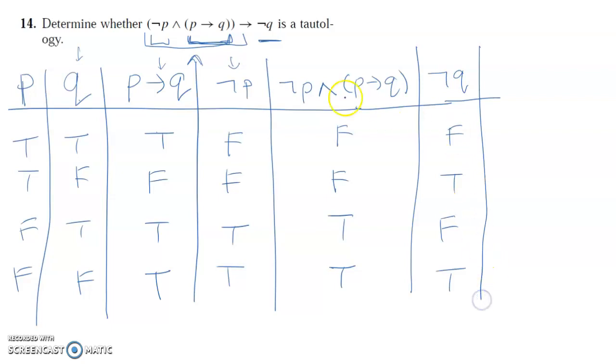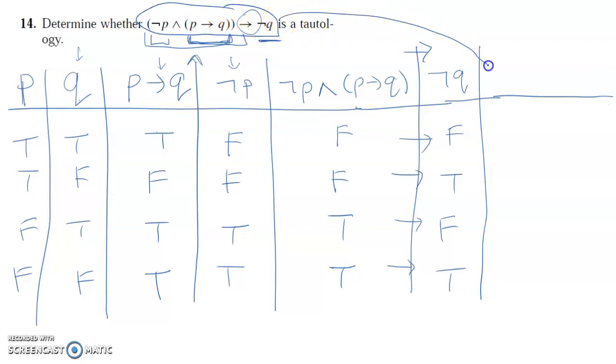My very last step would be connecting the last two columns with an inference. You should copy this statement right here. So if false, then false, that's a true statement.